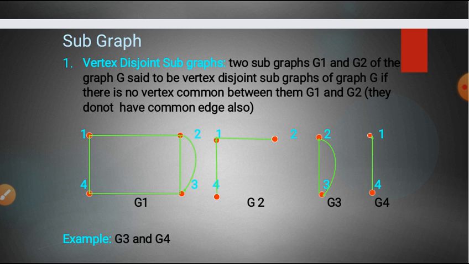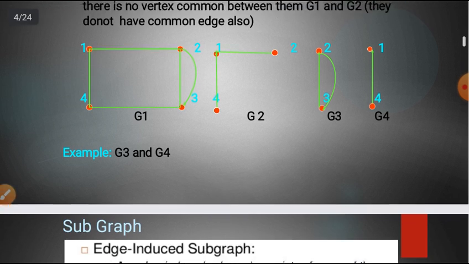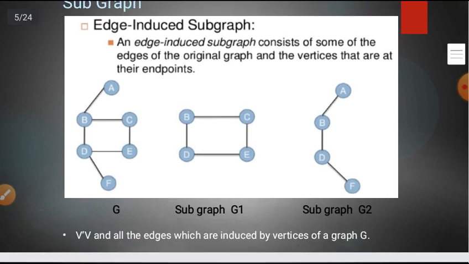So for example G3 and G4, with vertices 2 and 3 and 1 and 4, both are different because the vertices are different and the number of parallel lines are different, because in G3 there are two parallel lines and in G4 there is a single line. So we can say this is a vertex disjoint subgraph.